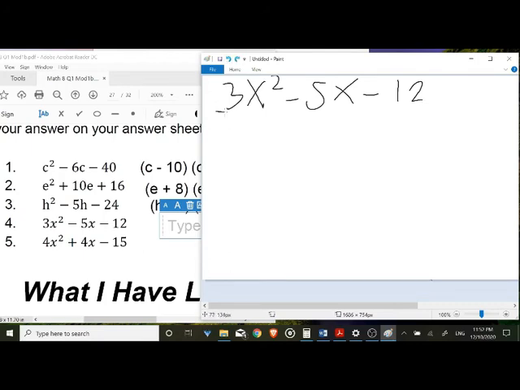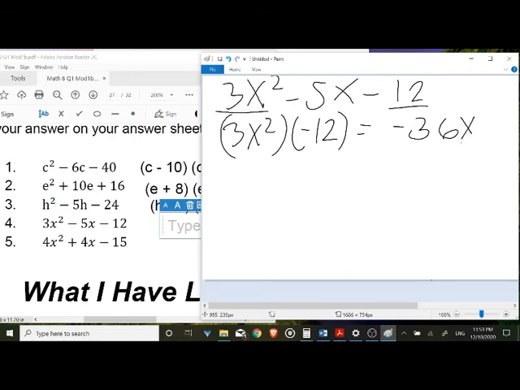So, first term times the third term. 3x squared times negative 12. That is equal to negative 36x squared. Let us find the factors that when we add, that is equal to negative 5x. 36. 6 times 6.